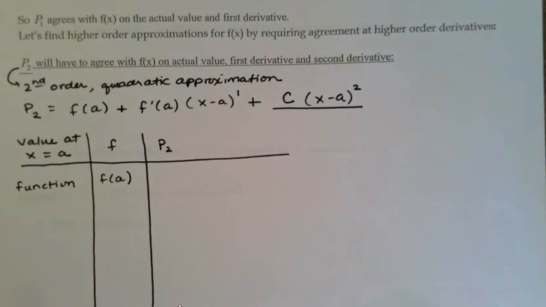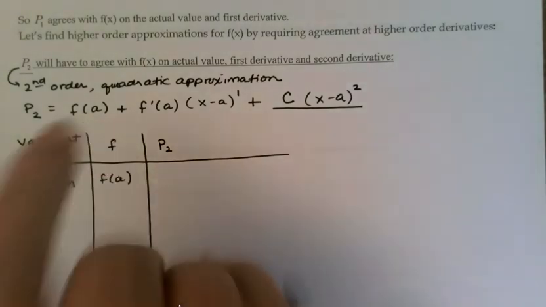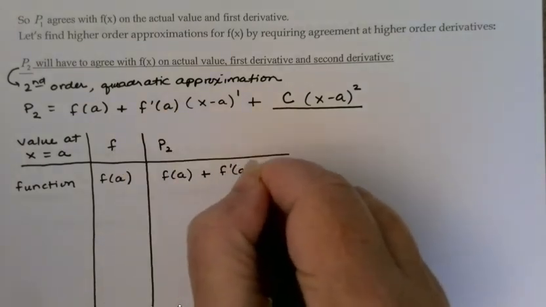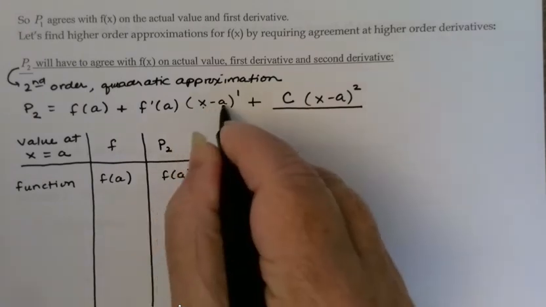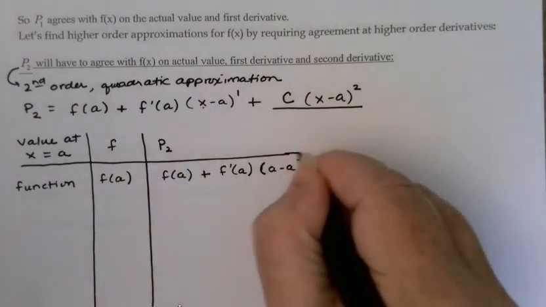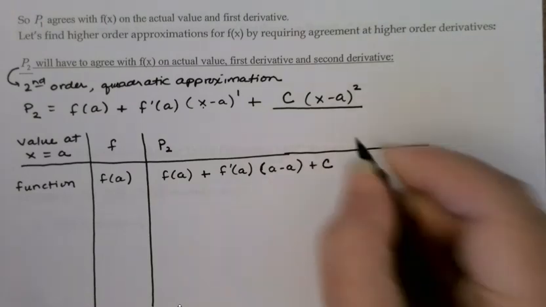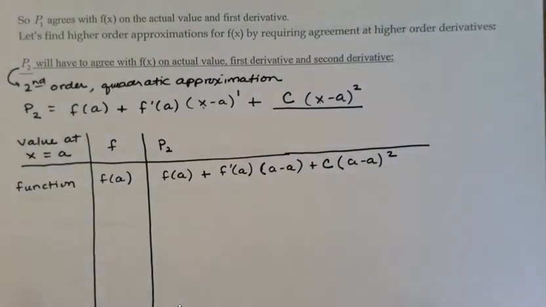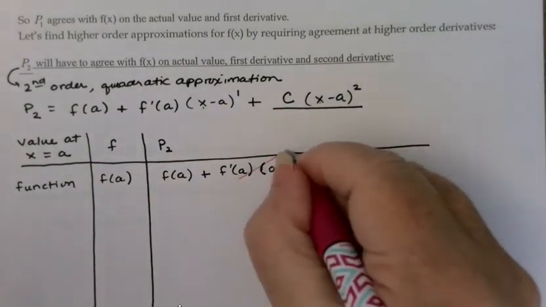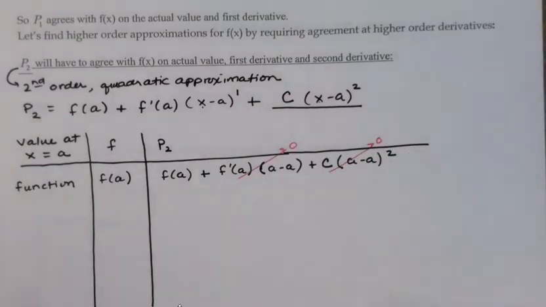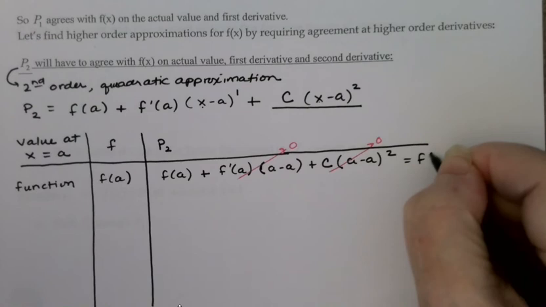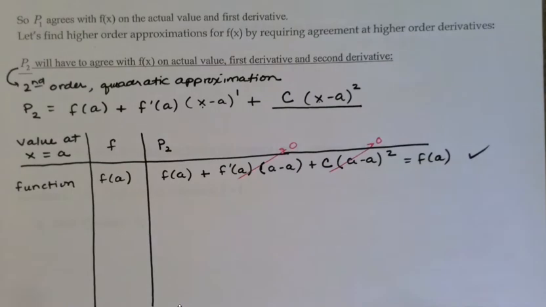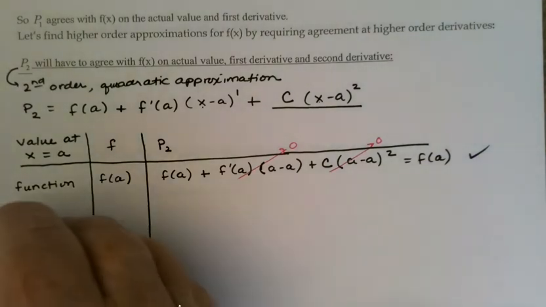If I plug in x equals a to P2, I'm going to get f of a plus f prime of a times a minus a, plugging in x equals a, plus c times a minus a squared. And fortunately for us, since a minus a is 0, both of those terms become 0, and we just get f of a. So the function value and the P2 value agree at the function level.